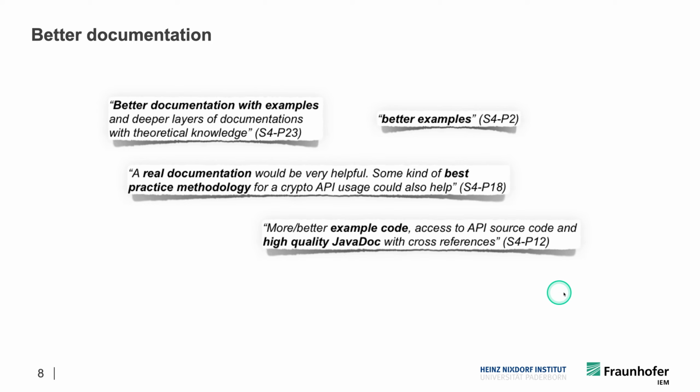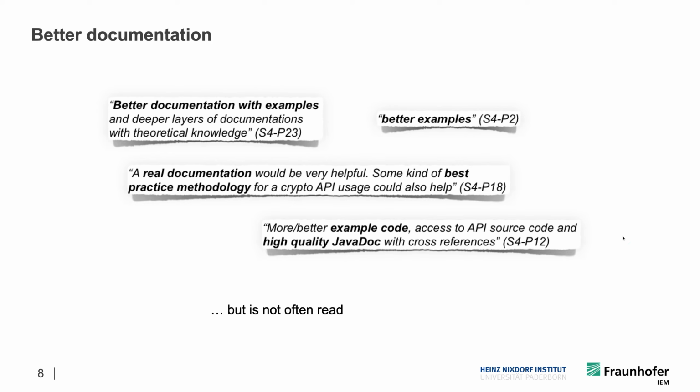But the problem with this is other studies show that yes, you can have better documentation, but first of all, you need to keep it up to date, which is something that's really hard to do. So there is a lot of documentation on the Java cryptography API, for instance, but typically a lot of it is already outdated by the time you read it. And the larger problem, though, is that typically this is not read, right?